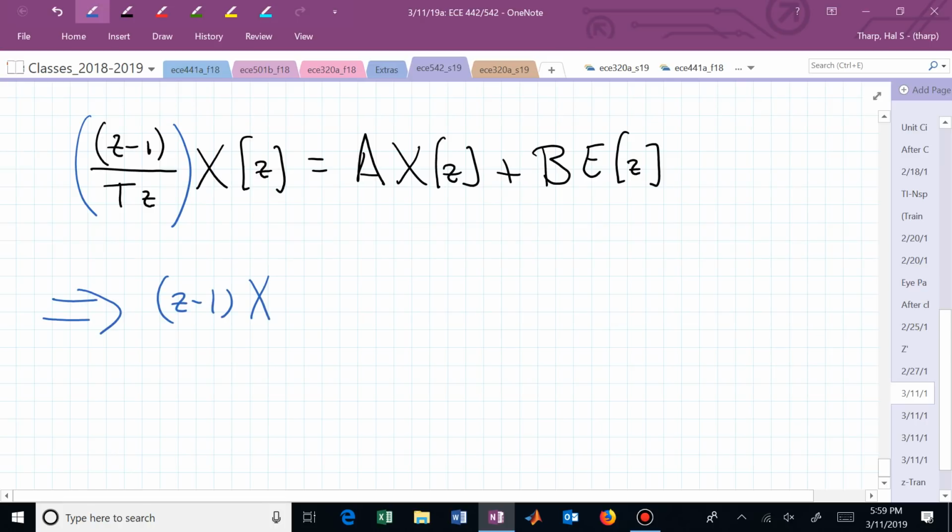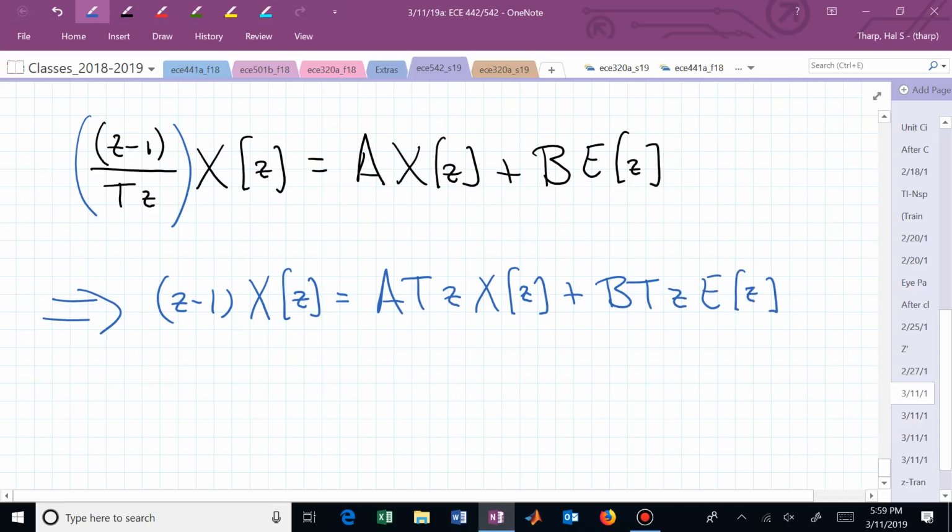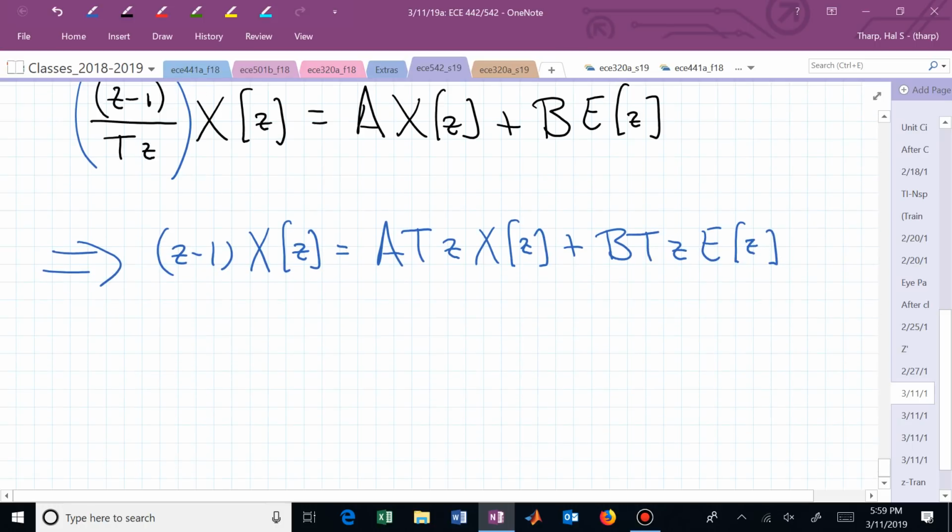Now we have Z minus 1 times capital X of Z equaling ATZ X of Z plus BTZ E of Z. Let's now combine the terms that involve Z on the left with X, meaning I have I minus AT Z capital X of Z. Is it clear where those came from?